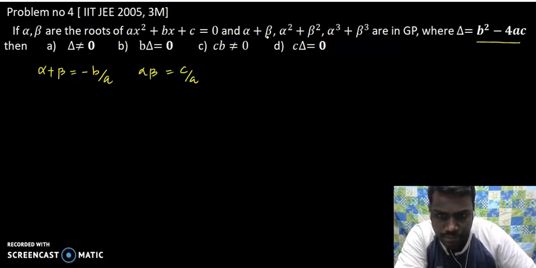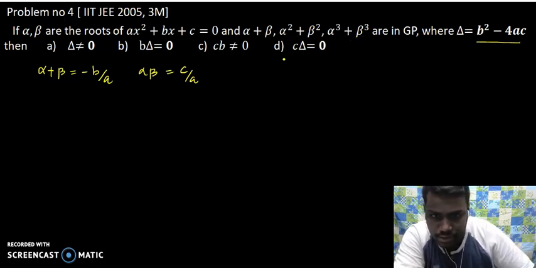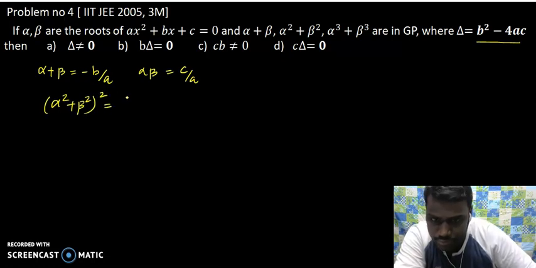Again, given that alpha plus beta, alpha squared plus beta squared, and alpha cube plus beta cube are in GP, then the middle term squared will be the product of first and third, so that alpha squared plus beta squared the whole squared will be equal to alpha plus beta into alpha cube plus beta cube.